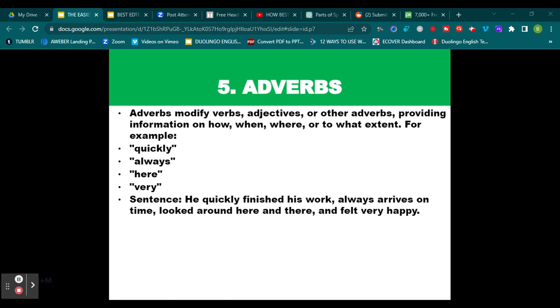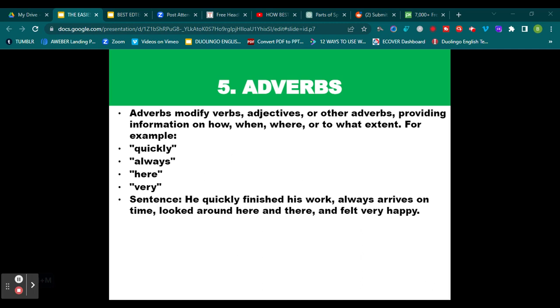Well, let's correct some deviation in terms of the tense here. So the second verb here should not be "arrives" since we are talking about the past tense. So this is a typo here. He quickly finished his work, always arrived on time, looked around here and there, and felt very happy.